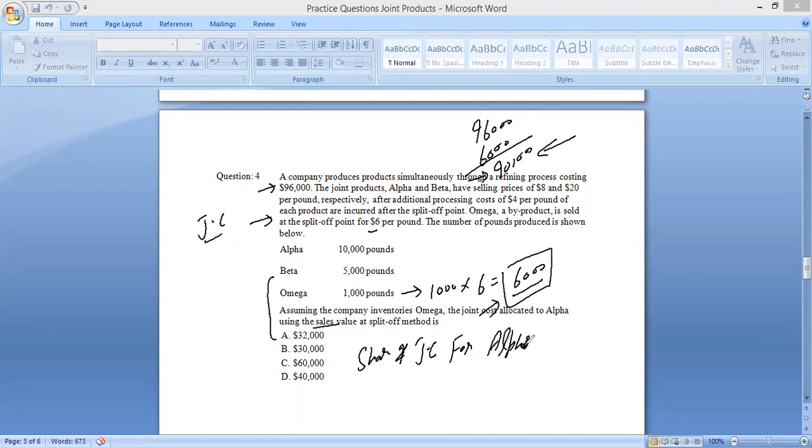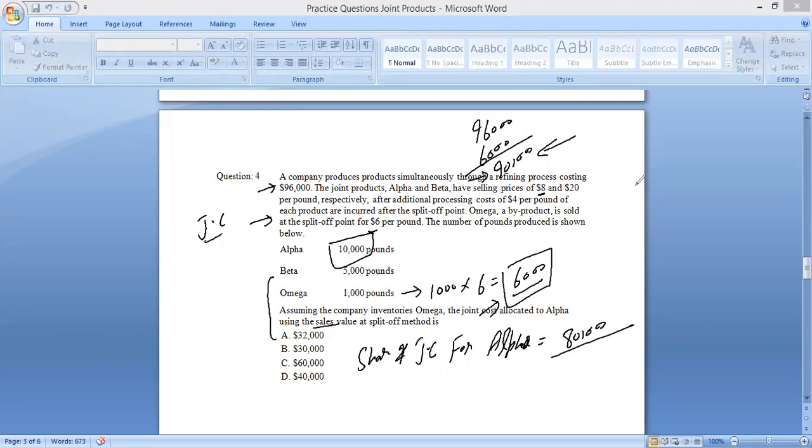How can we get the sales value of alpha? Alpha sales value is $8, and how many pounds do we produce? 10,000. 10,000 times 8 gives us 80,000, divided by total sales.